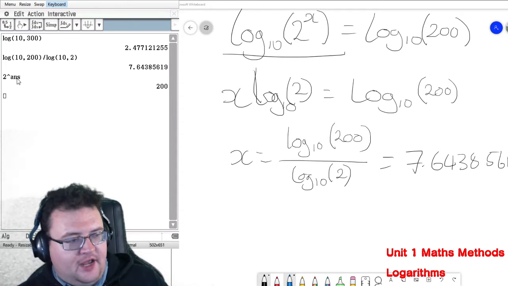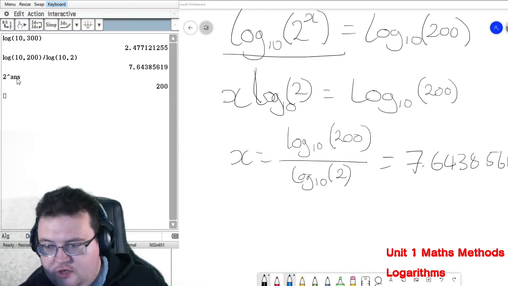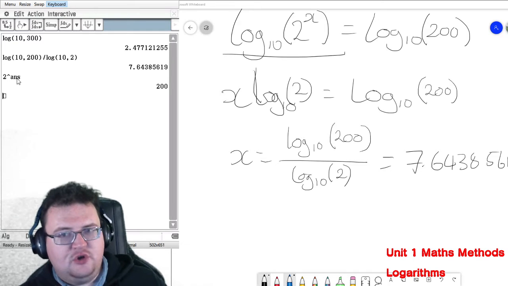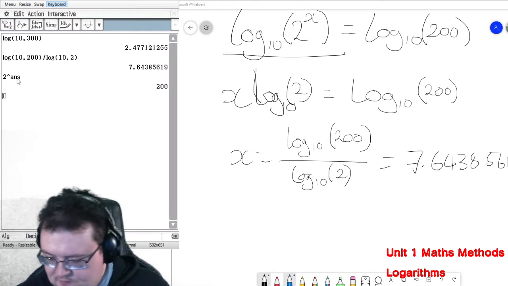But the other thing I can do is I don't have to use log 10. I can use logs of other numbers.